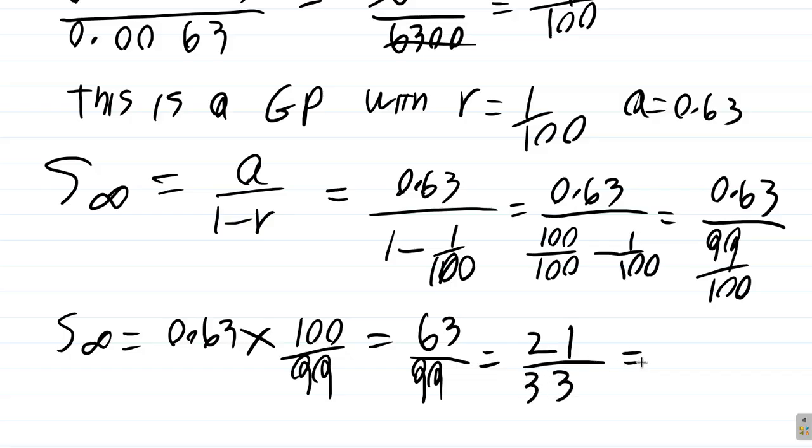You could cancel down further, with 3 again. 3 into 21 is 7, because 3 sevens are 21. 3 into 33 is 11, because 3 elevens are 33. Alright, so I get 7 over 11.